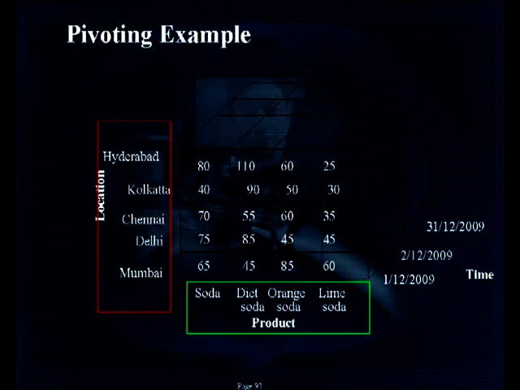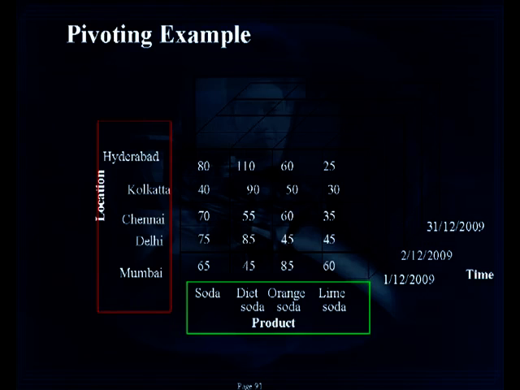For example, rotating may consist of swapping rows and columns, or moving one of the row dimensions into the column dimensions, or swapping an off-spreadsheet dimension with one of the dimensions in the page display. When you do the page display, it can become one of the new rows or columns, etc. So we call this type of operation pivoting.